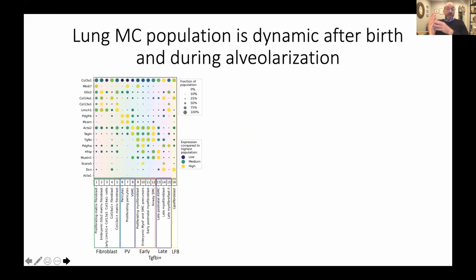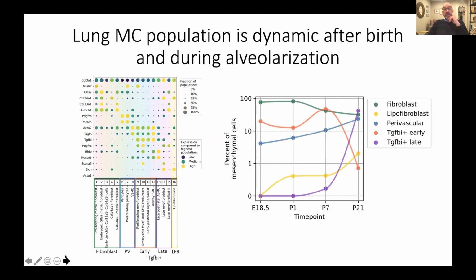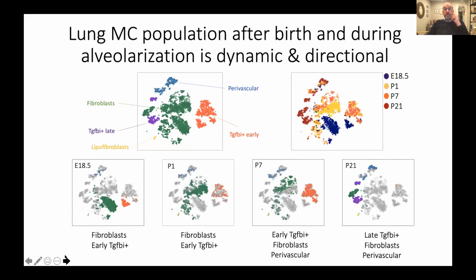It continues such that we have this development where you can see there's the perivasculature and there's early and late fibroblasts, and there's multiple cells that comprise the lung that are really increasing in both diversity and complexity over the first 21 days of life, such that they really inform the alveolarization of the lung.